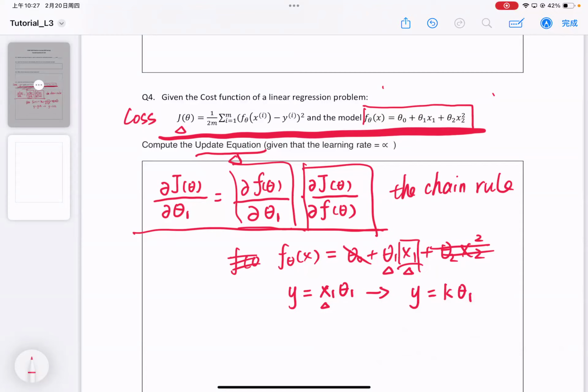The derivative of y is equal to k, so that's why there will be another factor here. So this is equal to k.